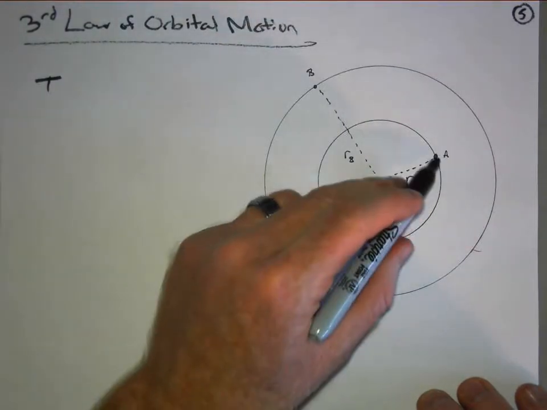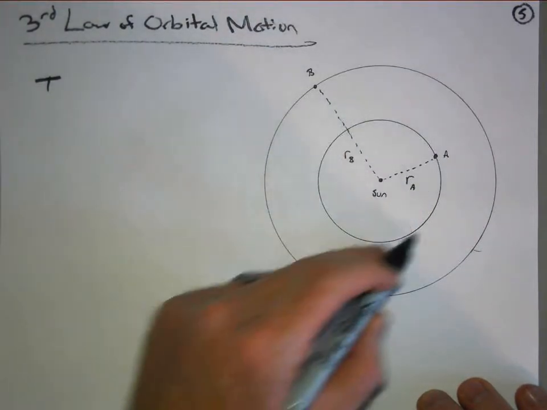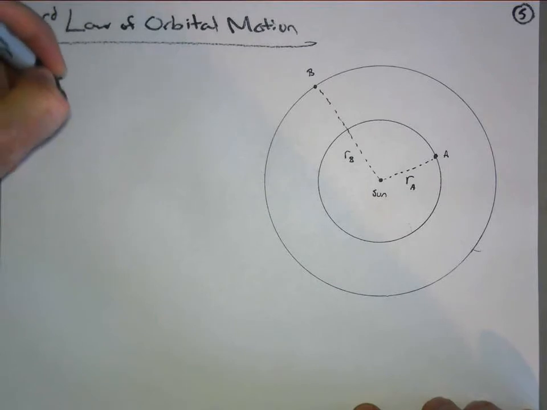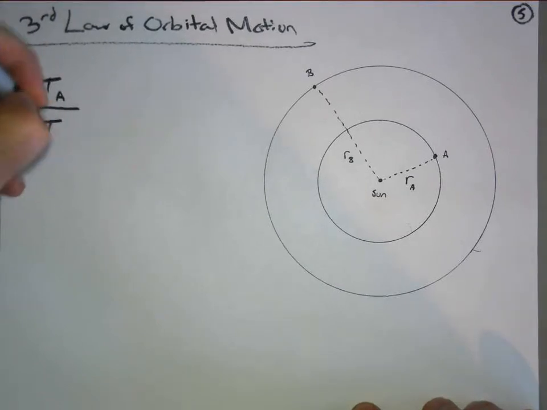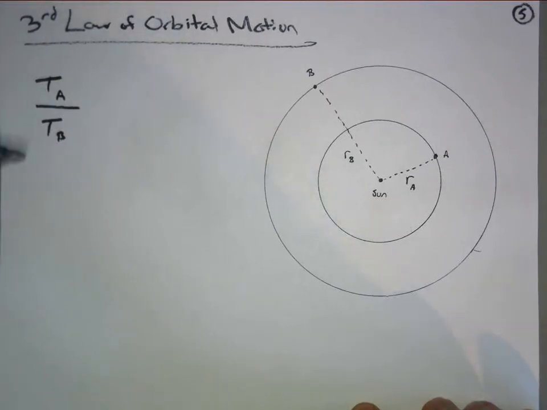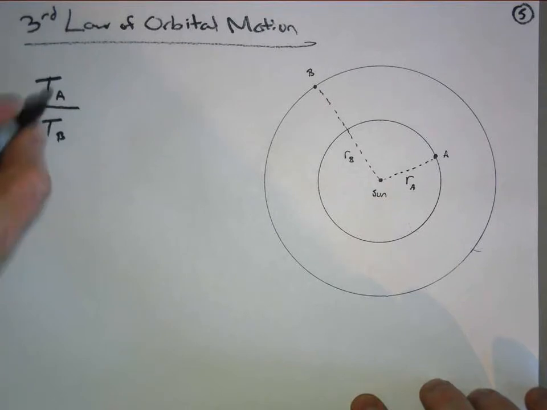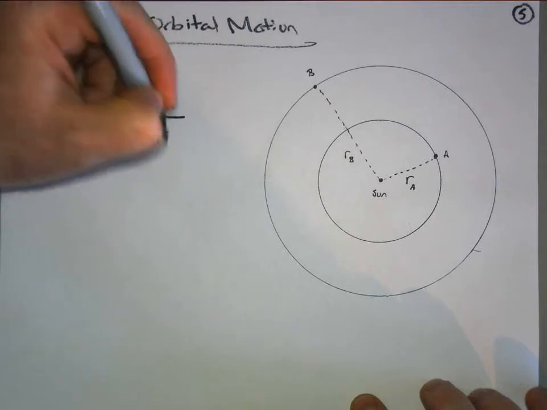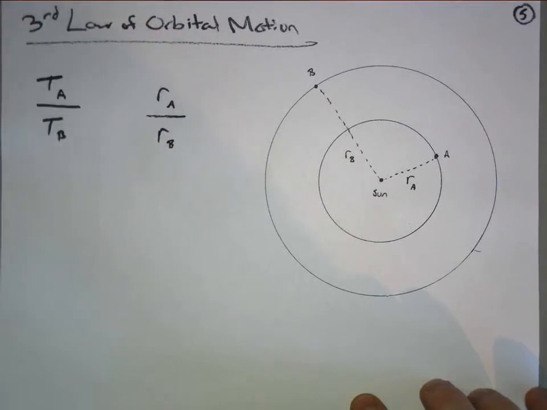For planet A, it's the time it takes to go once around in this orbit. So there's a period, and the period of A divided by the period of B. That's a ratio. And when you do that division, you just get a number. What Kepler figured out is that the ratio between the two periods of the planets is sort of related to the ratio of the radii of the two planets.